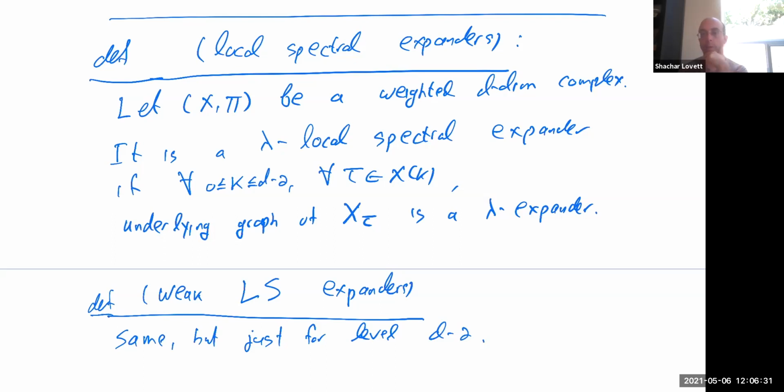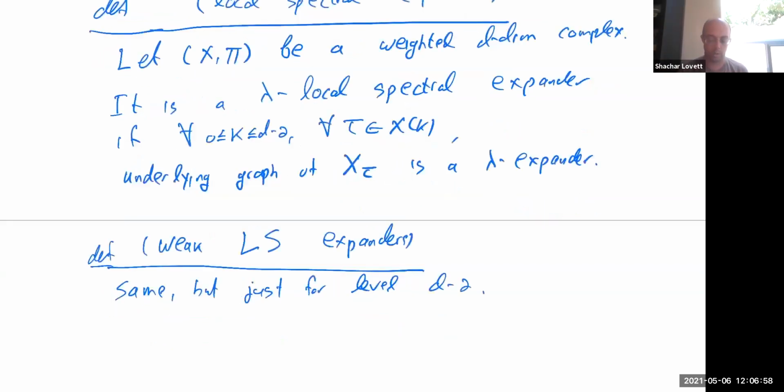We don't care about the lower level ones. So in some sense, you can think about this definition as saying, here's another way of defining it: a complex of dimension more than 2 is a weak local spectral expander if all its links are weak local spectral expanders. And then you do it recursively, and you stop when you can't go anymore, when you're at dimension d minus 2.